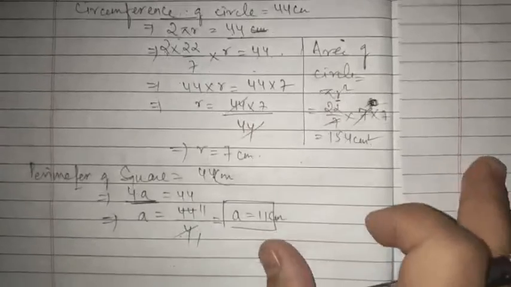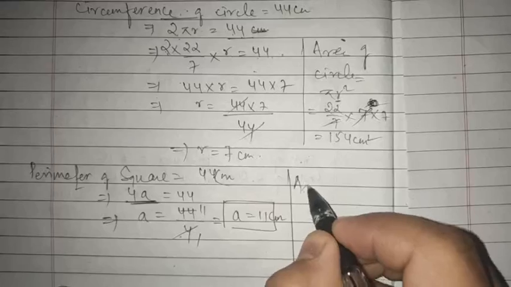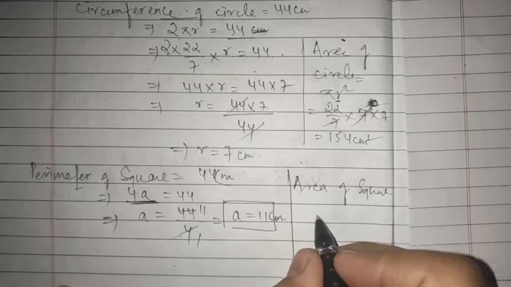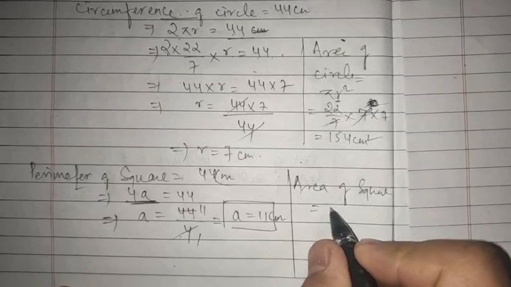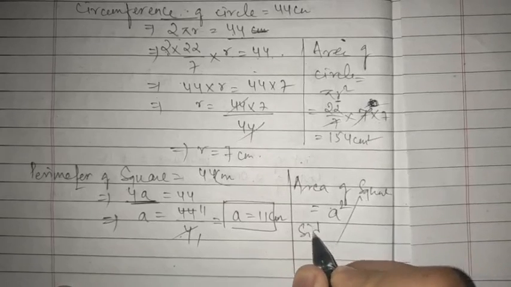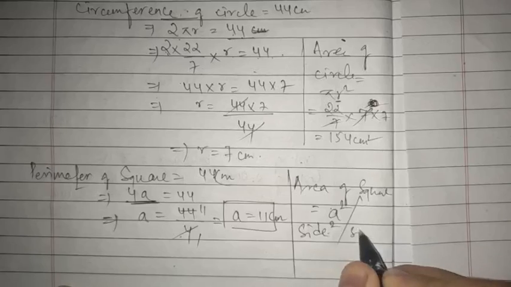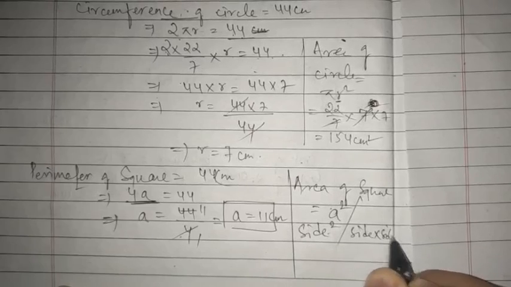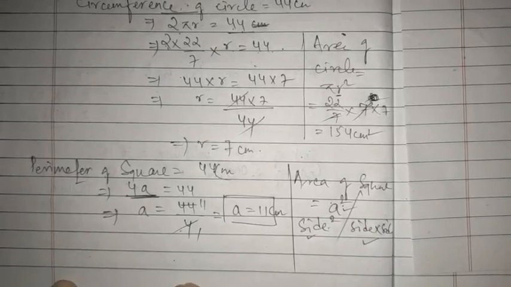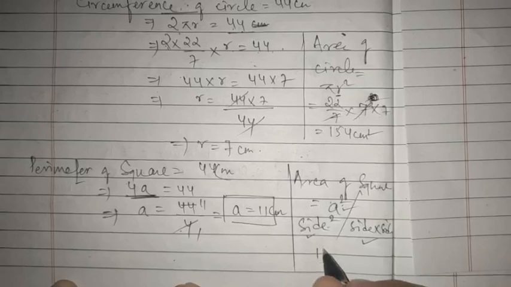Now let us find the area of the square. The area of the square formula is a square, side into side. You may write side square or side into side, any one, all will be equal. The side given here is 11, so 11 into 11 is 121 centimeter square.